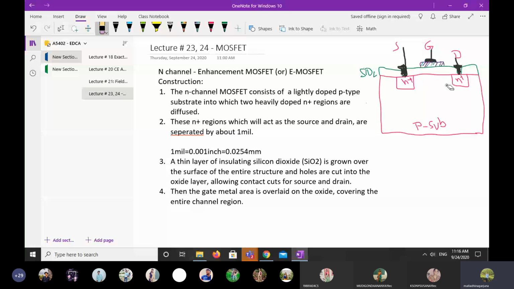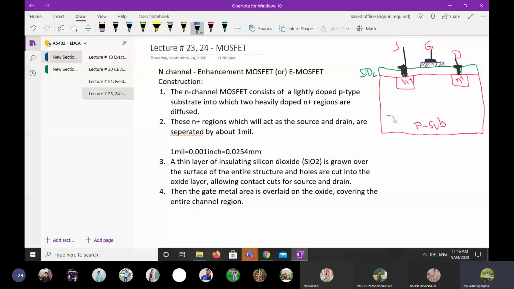Okay, so now coming to the point. Once the structure is over, what is the source? The source has to emit the charge carriers. The drain has to collect the charge carriers. That is fixed. The gate is what we will apply. In the P substrate, what are the majority charge carriers?